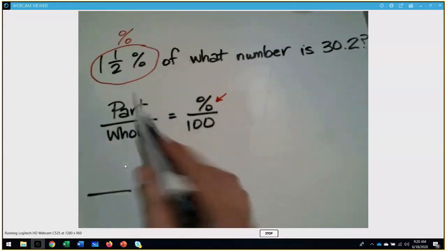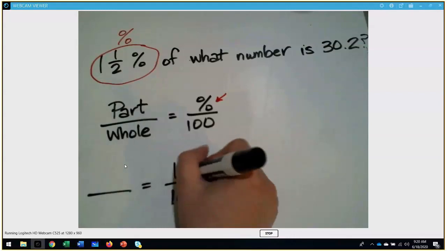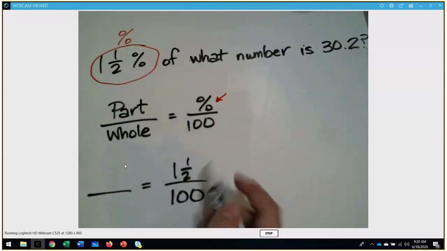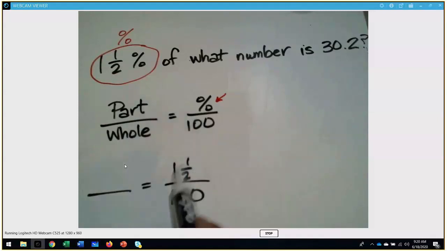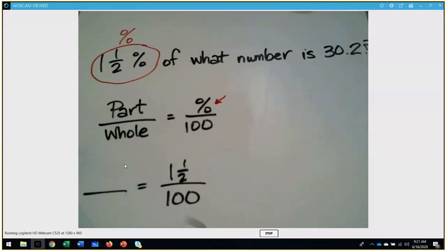So 1.5 in that spot. Don't need the percent sign anymore, and you don't need to convert this to anything special. Just put it in the way that they give it to you in the problem. We might need to fix this a little bit later when we cross multiply, but when I'm substituting, I'm putting it in exactly the way I see it. Then I'm going to look and see what else I have. I need the part or the whole.